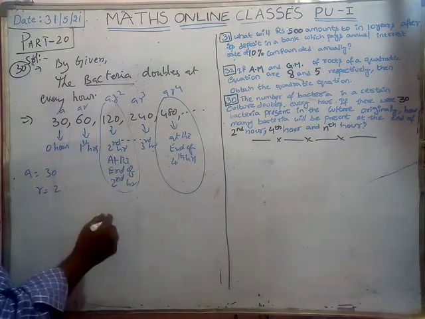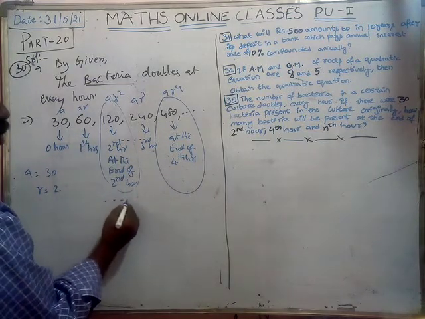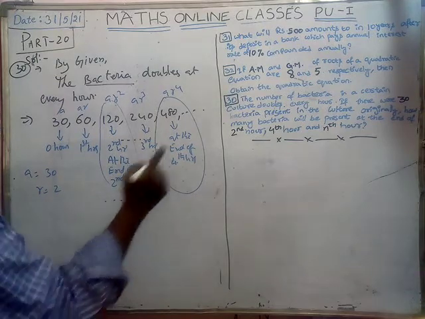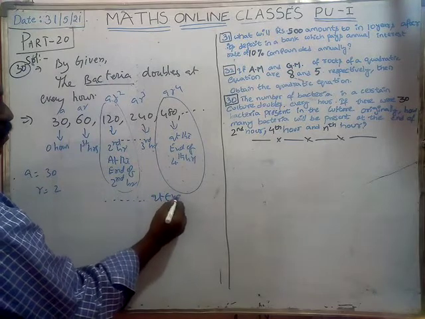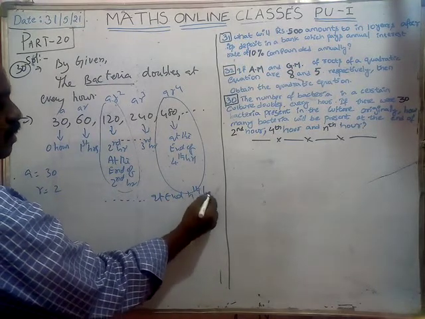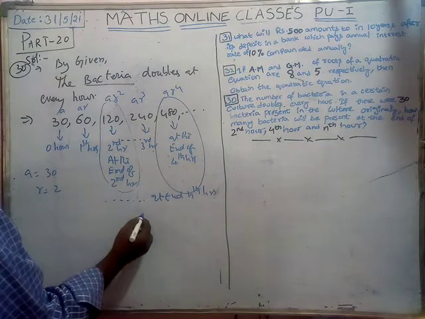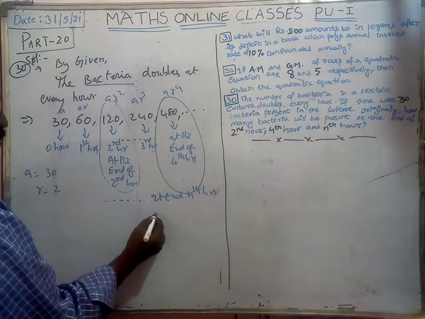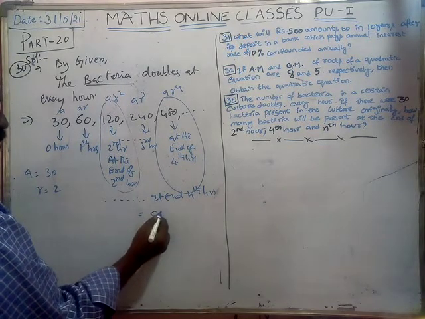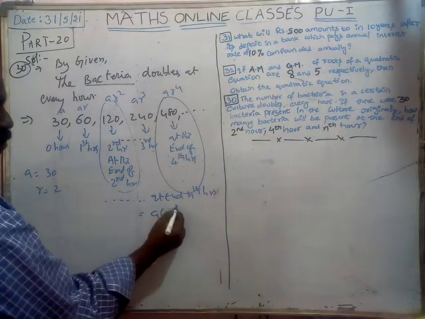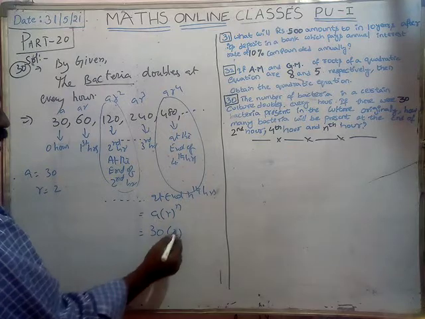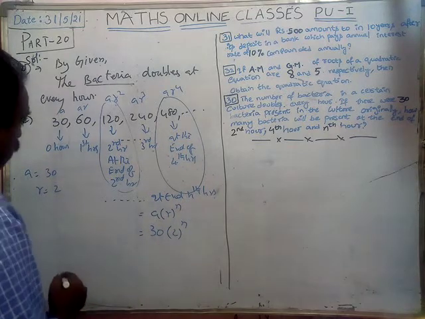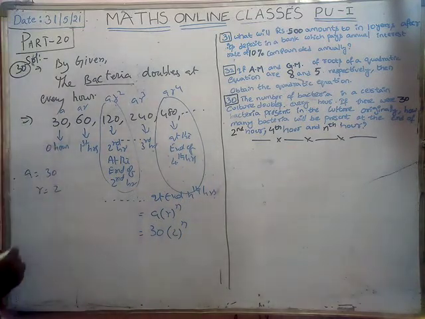Don't be confused. So at the end of the nth hour, that is a r power n. What is a? 30. What is r? 2. It is n.